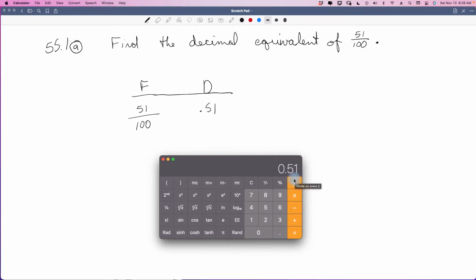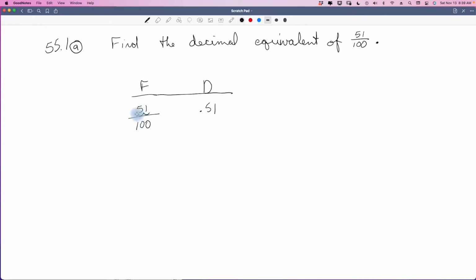So that's your trick, guys. If anything is divided by 100, or 1 and any number of zeros, however many zeros it is, you just move the decimal place that many times. 1, 2, 0.51. If you had 51 divided by 10, that's 1 zero. So how many times did you move the decimal place? 1 time.